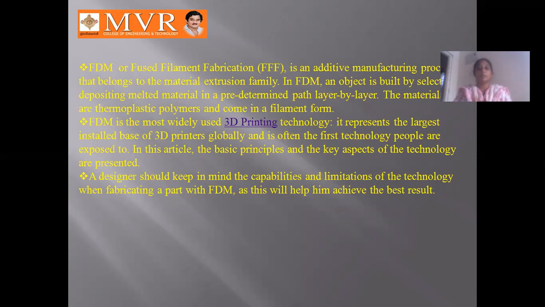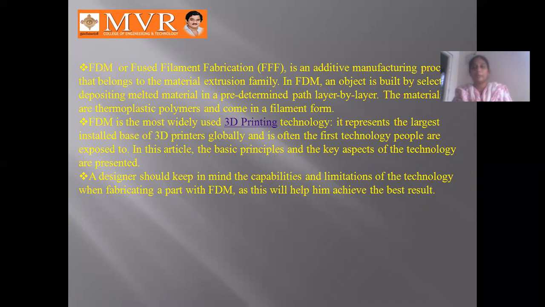It represents the largest installed base of 3D printers globally and is often the first technology people are exposed to. A designer should keep in mind the capabilities and limitations of the technology when fabricating a part with FDM, as this will help achieve the best result.